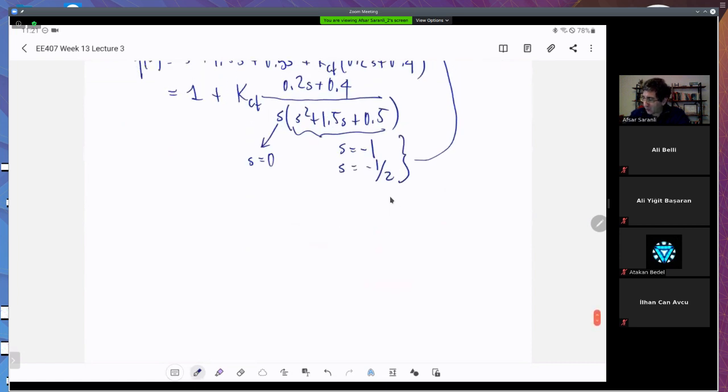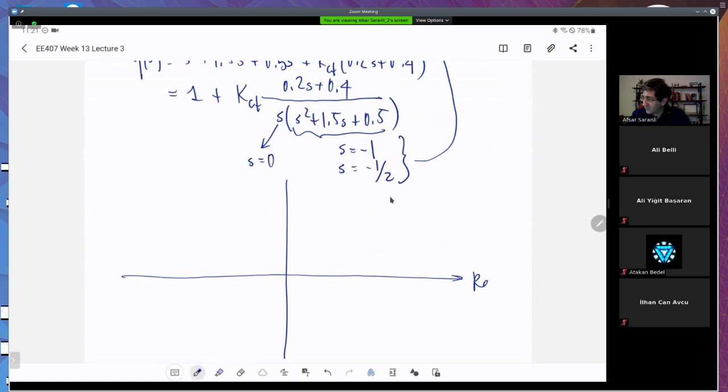Okay, so let's also make the sketch, the real and imaginary parts. So I have a pole at 0, a pole at -1, and a zero at -2, and another pole at -1/2.